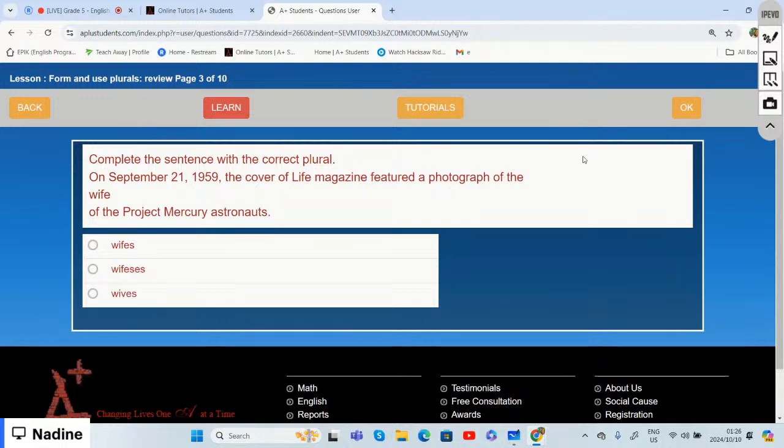On September 21, 1959, the cover of Life magazine featured a photograph of the wife of the Project Mercury astronaut. All right.